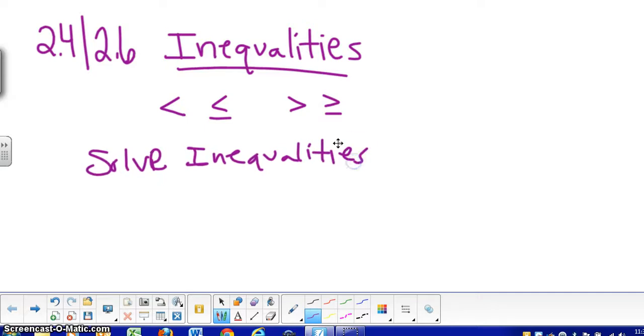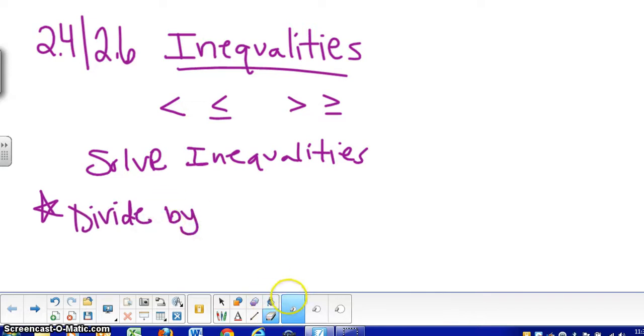And it's when you divide by a negative. Okay? Everything is going to look like an equation until you start dividing by negative numbers. Dividing or multiplying. So let's go ahead and put or multiplying in there as well.